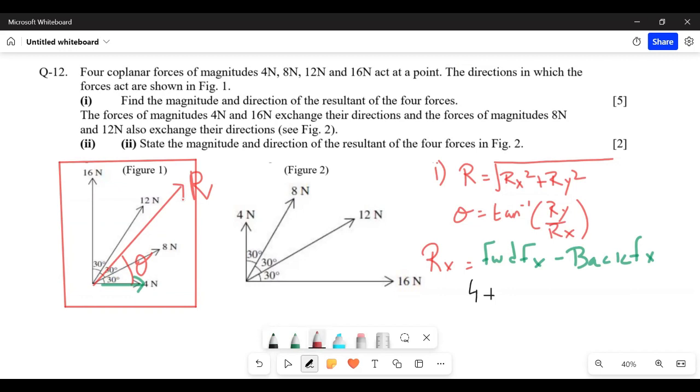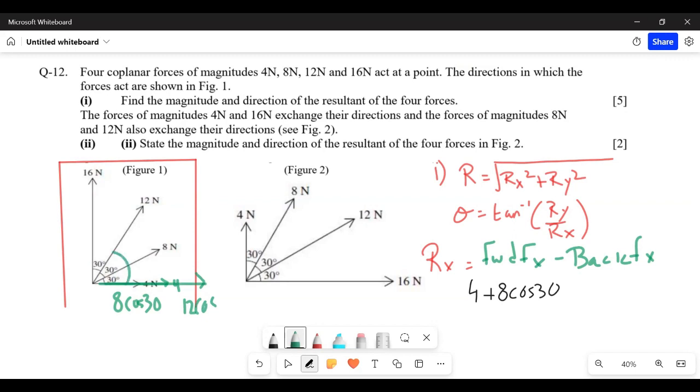there's another forward force in the x direction. For the 8 Newton force, we have 8 cos theta, which is going to be 8 cos 30. So plus 8 cos 30, that's also in the forward direction. Then there is the x component of the 12 Newton force, which is 12 cos 60.